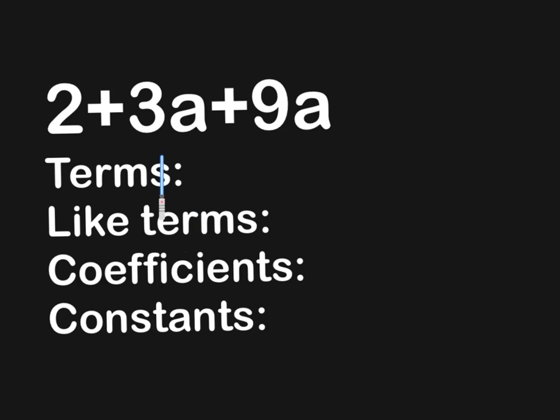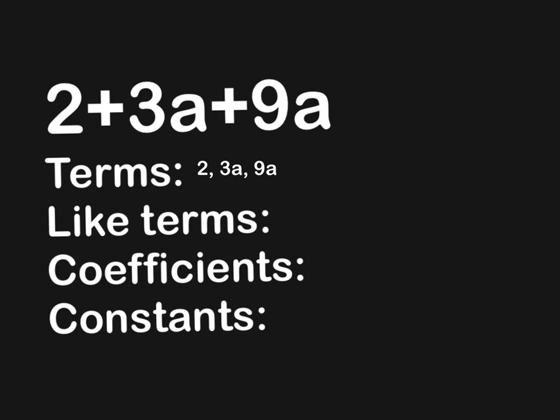So the first thing that you do is you get the terms, which I just said: 2, 3a, and 9a. You write those down, right where you're supposed to do it. And it would be, of course, 2, 3a, and 9a.